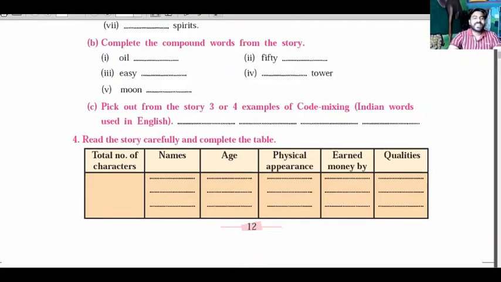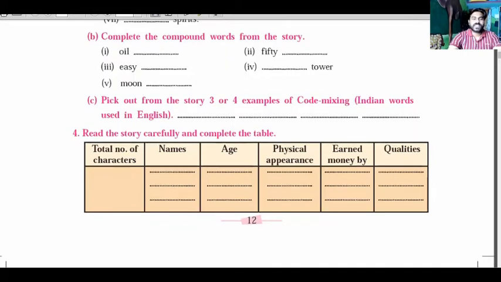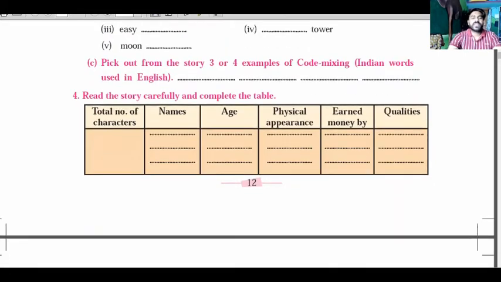Then fourth activity, read the story carefully and complete the table. Here is the first column of the table, number of characters. There are 2 characters. Names, what are the names? One is Hari and another one is Anil. Then age, Anil's age is 25 and Hari's age is 15.